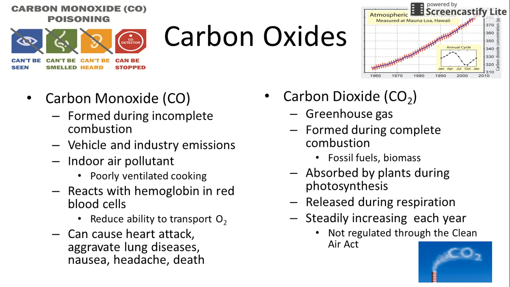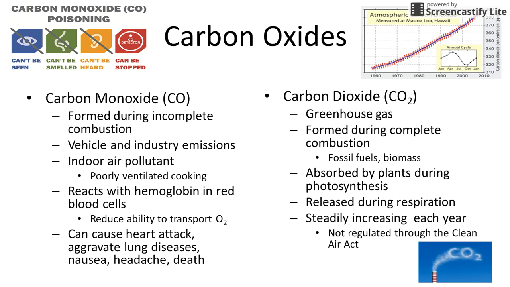Continuing on with our primary pollutants, we're going to look at the carbon oxides, COx: carbon monoxide with one oxygen, or carbon dioxide with two oxygens, and the difference is in the combustion. Carbon monoxide is formed during incomplete combustion, whereas carbon dioxide is formed during complete combustion.